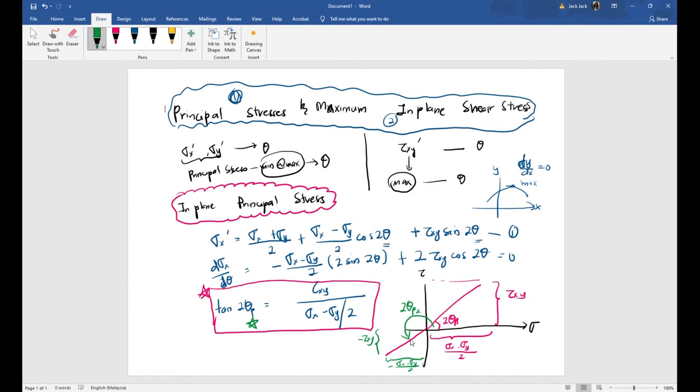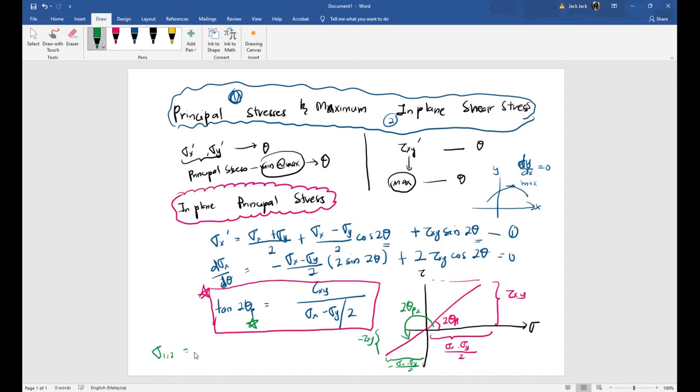Since we are going to have two different values for theta p, theta p1 and theta p2, we are going to have two different values for principal stress. We denote the principal stresses as sigma 1 and sigma 2, where either one will be maximum or minimum.